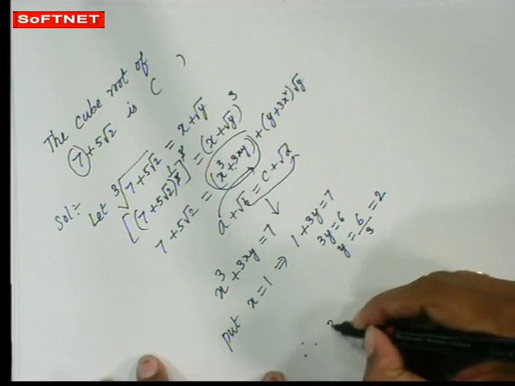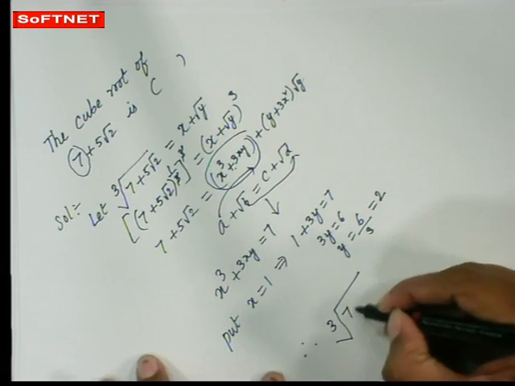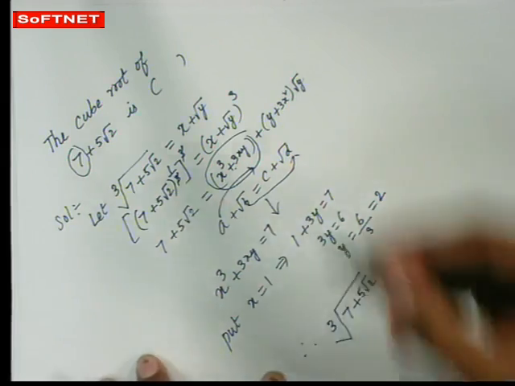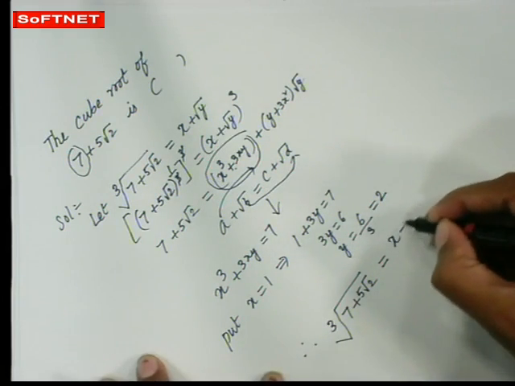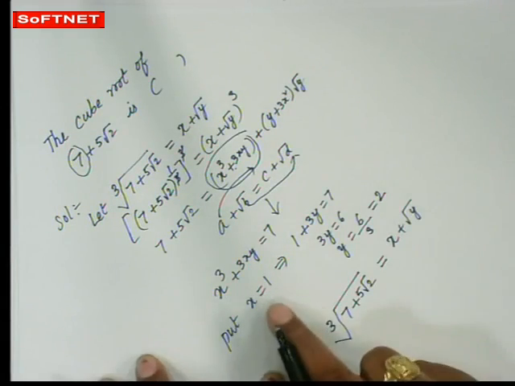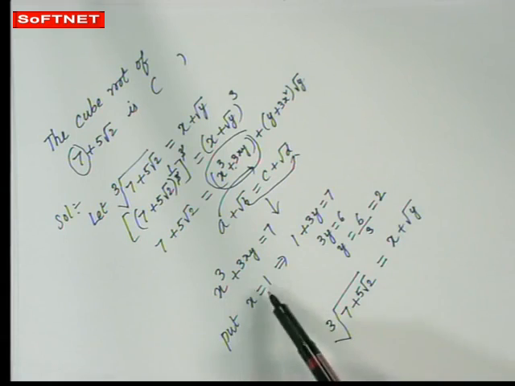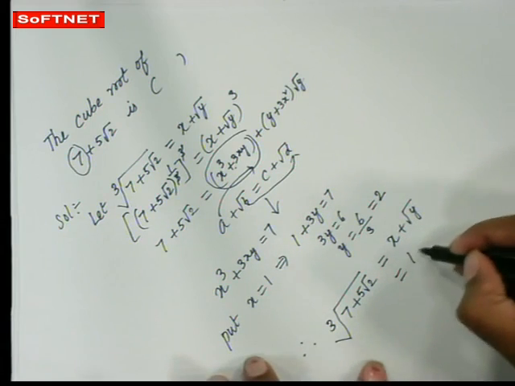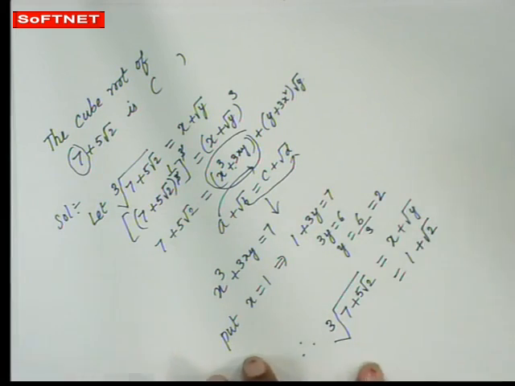Therefore, the cube root of 7 plus 5 root 2 is equal to x plus root y. Now what is x? 1. y is equal to 2. So it is 1 plus root 2. While practicing these problems, if you have any doubt, you can verify your answer by means of the options also.